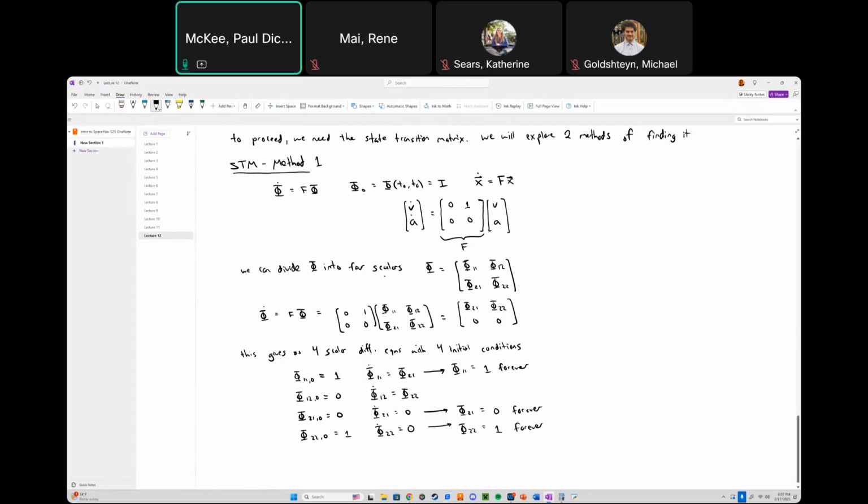Okay, let's go back to the other one that we skipped. Phi 1,2 initial is 0. Phi 1,2 dot is 1, which means phi 1,2 is always changing. But this is the only one that is always changing.